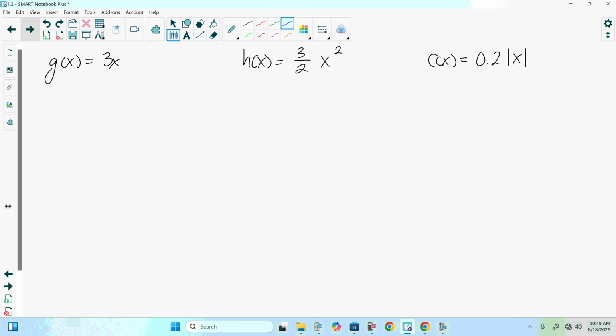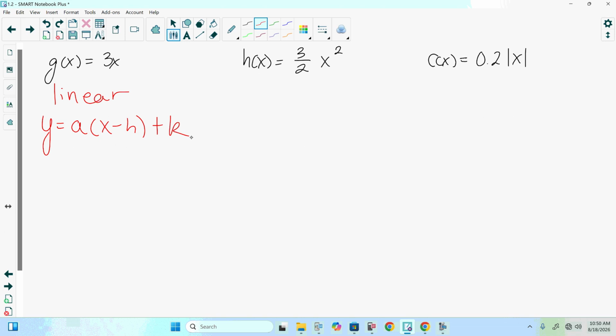g of x equals 3x. What is the parent function? Linear. Equation of a line, x. It might seem a little silly that we keep going through all of them, but might as well.